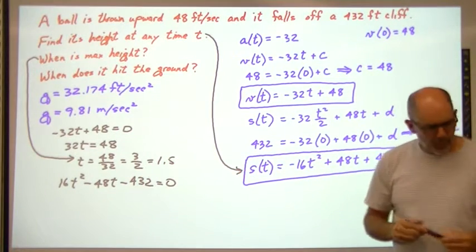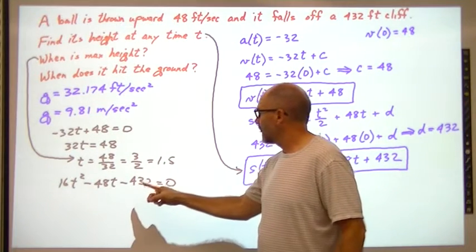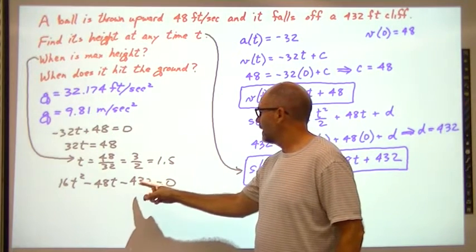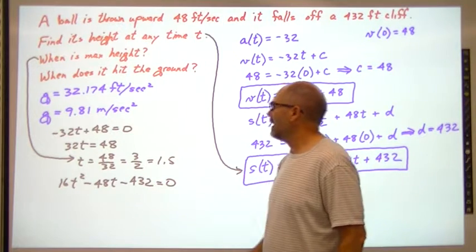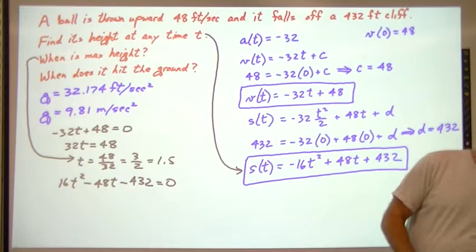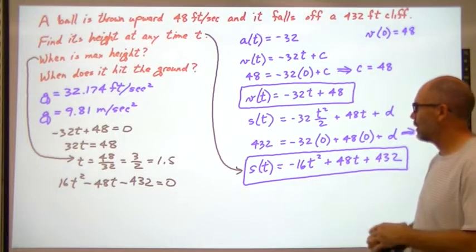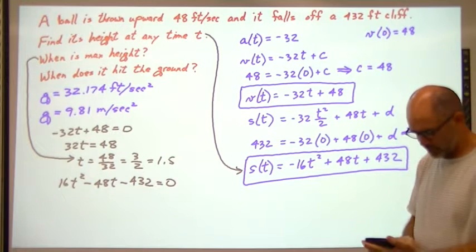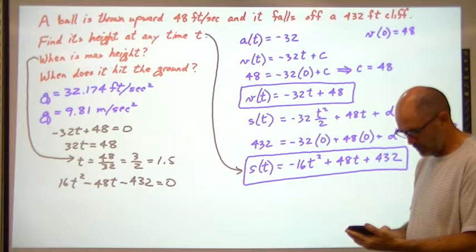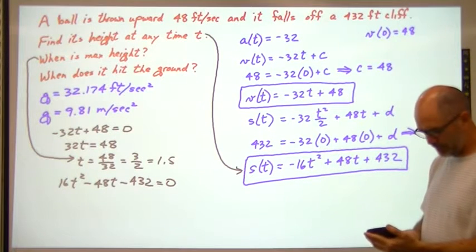Let's see, does 432 divide by 16? Yes, it does, because 32 divides by 16 and 400 divides by 16. So that's 27.